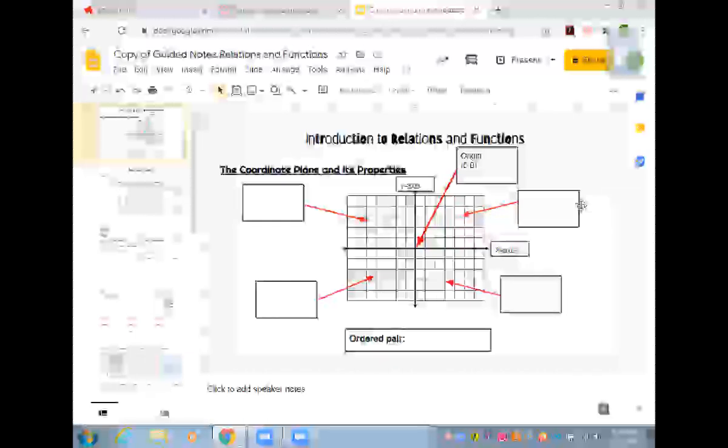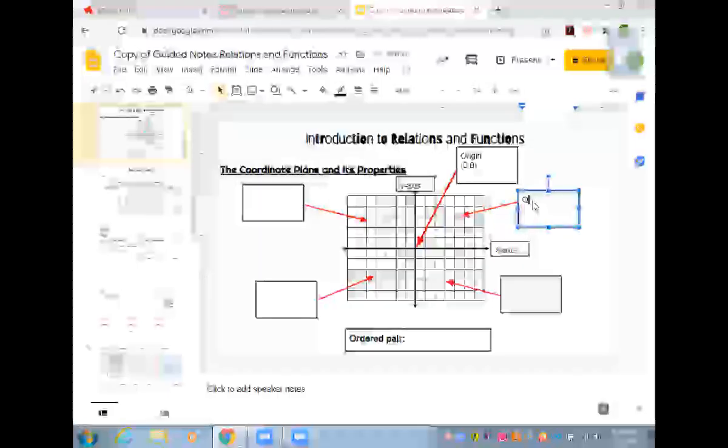So we said that these axes divide it into 4 quadrants, and I want to talk about the names of those different quadrants, and also in each quadrant, are X and Y positive or negative? So we start over here in this top right-hand corner, and that is our quadrant 1.